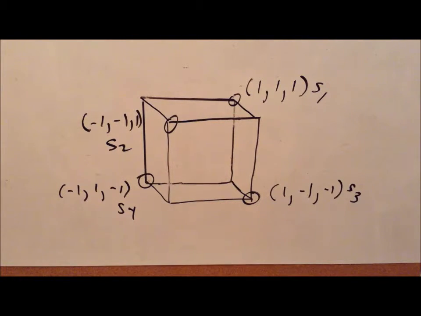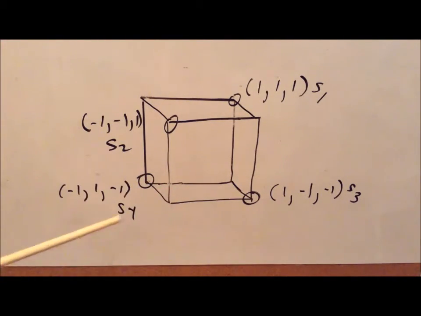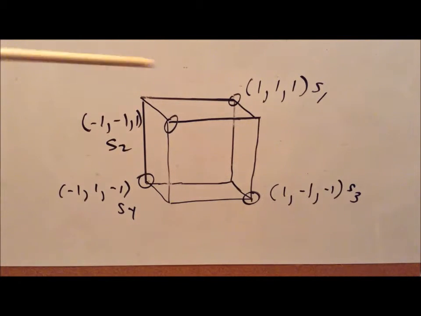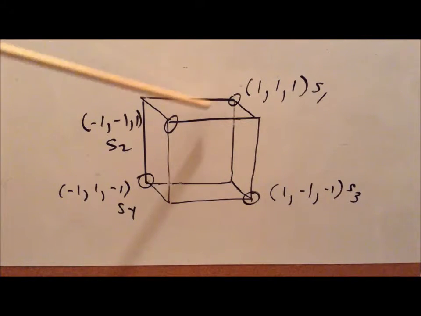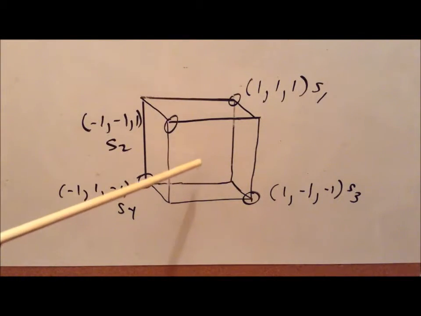We label the sigma orbitals found on each particular atom as S1, S2, S3, and S4. And we put the appropriate coordinates in front of each atom or orbital. So this particular atom goes 1 unit to the right, 1 unit to the back, and 1 unit up from the origin.